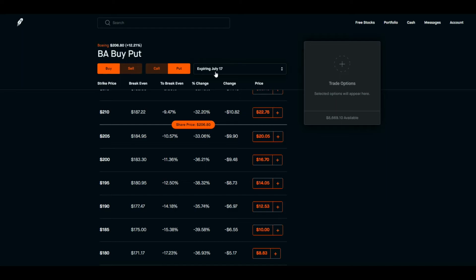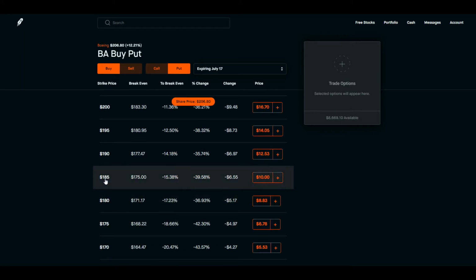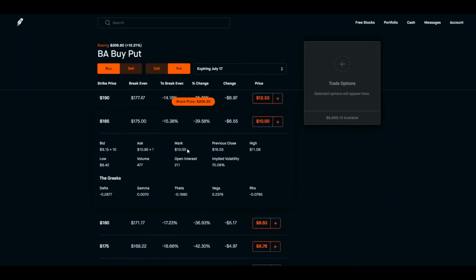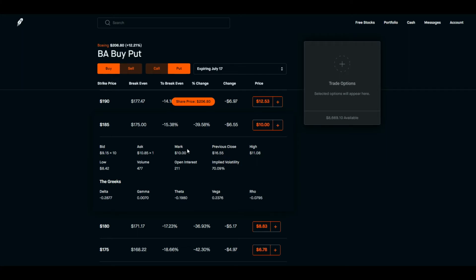Our contract would still expire worthless. You would still lose money. What you want to do is pick a strike price slightly above our expectation. And in this case, I'm going to go with $185. That's my strike price, which is a better option than going with the 180.